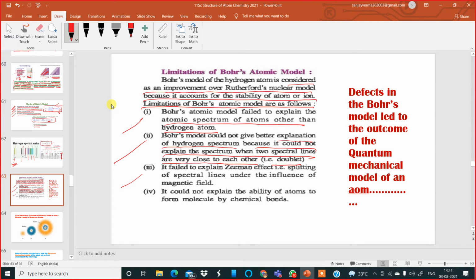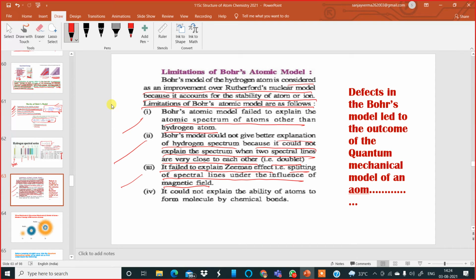Moreover, point number 3, it failed to explain Zeeman effect, that is splitting of spectral lines under the influence of magnetic fields. So if you bring a magnetic field when the spectral lines are seen, those spectral lines undergo splitting, and that splitting is called Zeeman effect. Why this splitting is occurring could not be explained by the Bohr's atomic model.